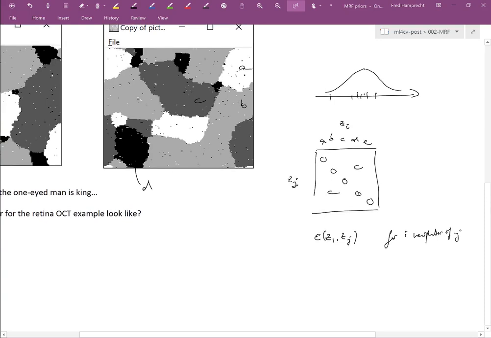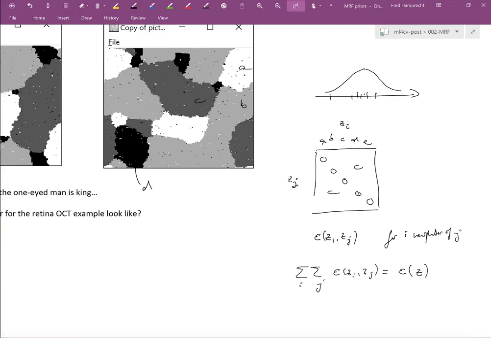And then we can sum these energies over all pairs of pixels, and we get out a global energy of all labels.